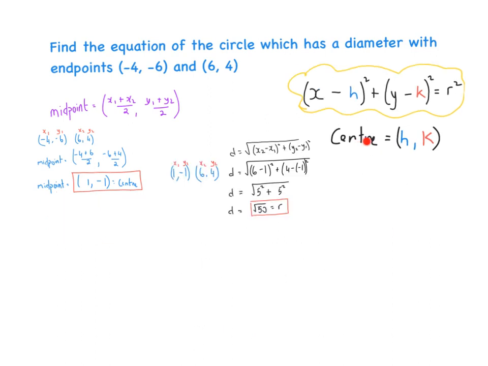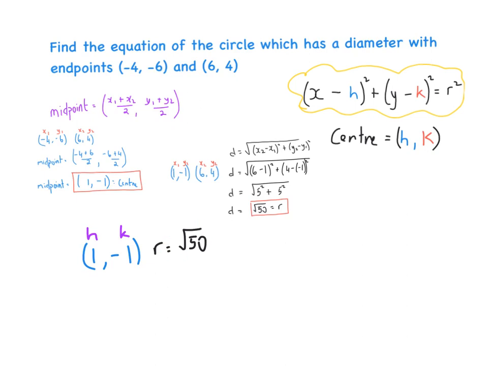Okay, so now we have a center and we have a radius, so we can sub straight into our formula for our equation of the circle. So our center, rewriting it again, is 1 comma minus 1, and we're going to label that h and k, and our radius is equal to the square root of 50. Again, leaving it at that because we're going to be squaring it in a minute anyway.